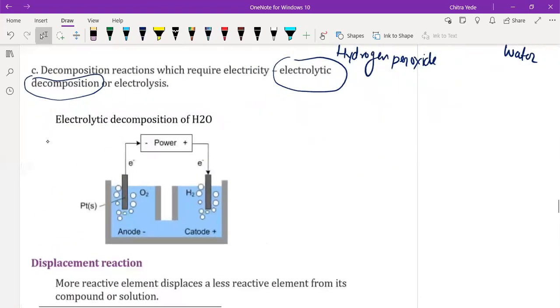See what happens. Here it is an electrolytic tank. In the electrolytic tank, water is taken, and water has the molecular formula H2O, meaning it contains hydrogen as well as oxygen.